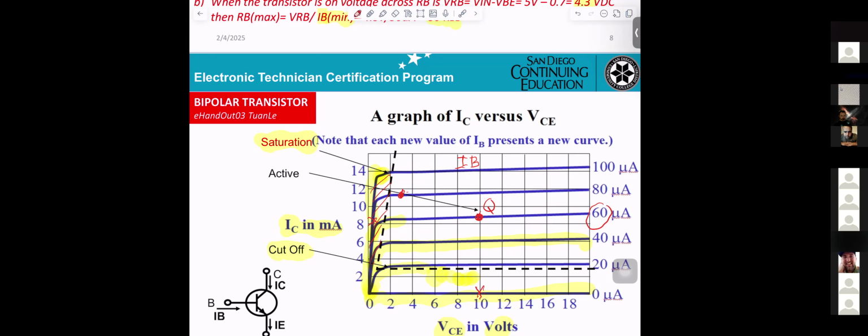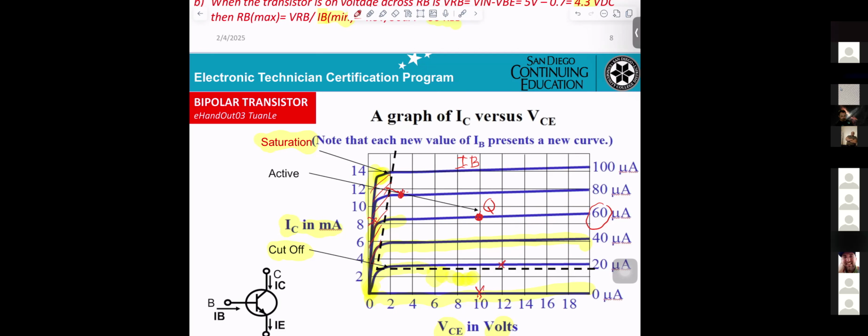The reason is when temperature goes up, this Q point can move. It can be moved to saturation. That's what you don't want. Or any point close to here can go to cutoff.